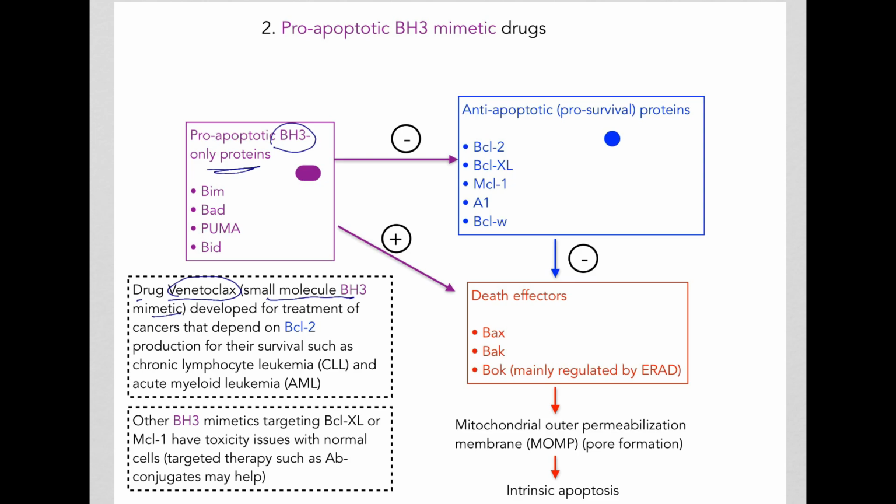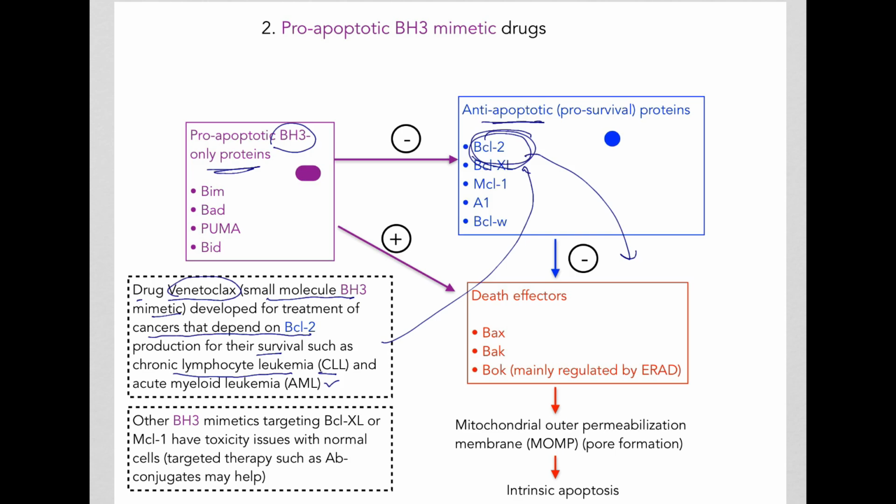This drug was developed for cancers that depend on BCL2 production for their survival, such as chronic lymphocytic leukemia, CLL, as well as acute myeloid leukemia, AML. These types of cancers produce a lot of BCL2 anti-apoptotic protein, and that prevents them from undergoing apoptosis, and that's why they survive.